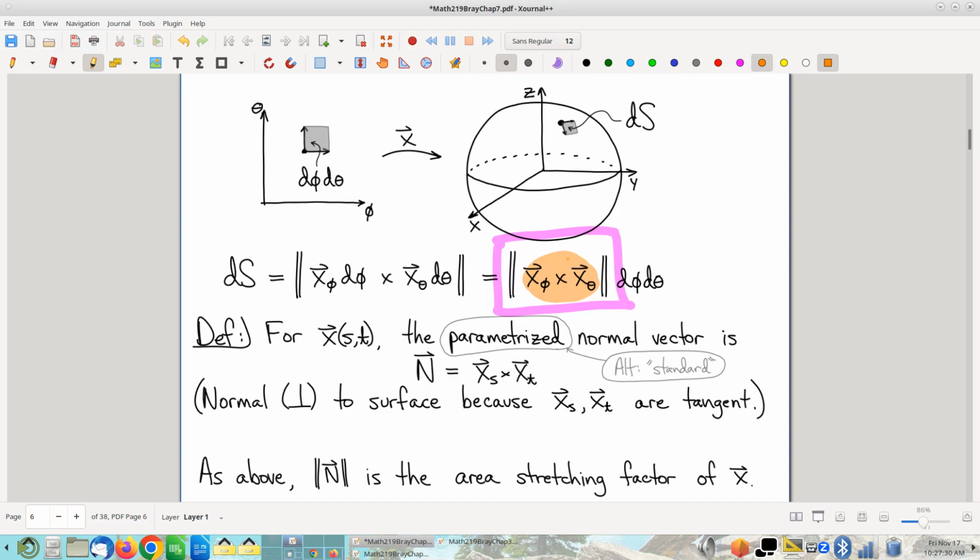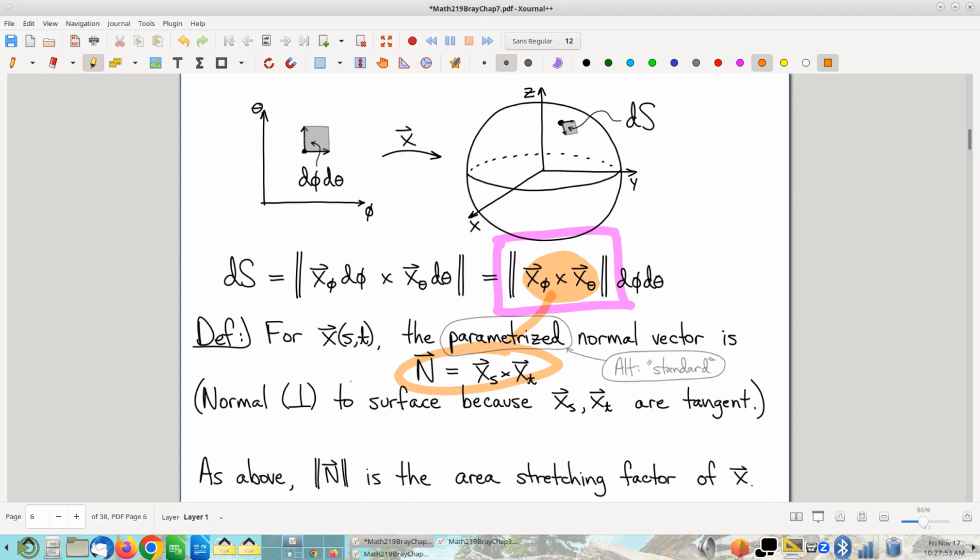For reasons that we therefore already see some of, this deserves a name. We're going to call it capital N. It's pretty standard. This is what I like to call the parametrized normal vector. If you think about it, both of these two partial derivatives are tangent to the sphere, tangent to the surface, whatever your surface is.